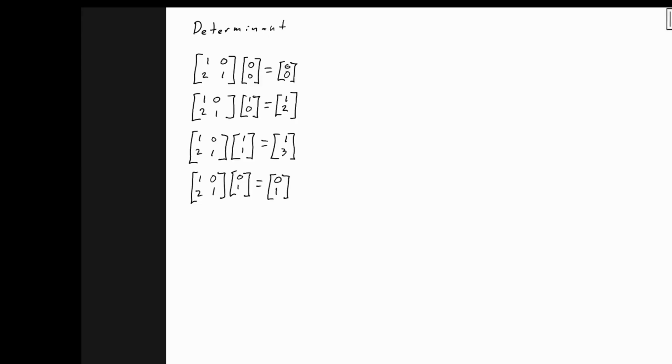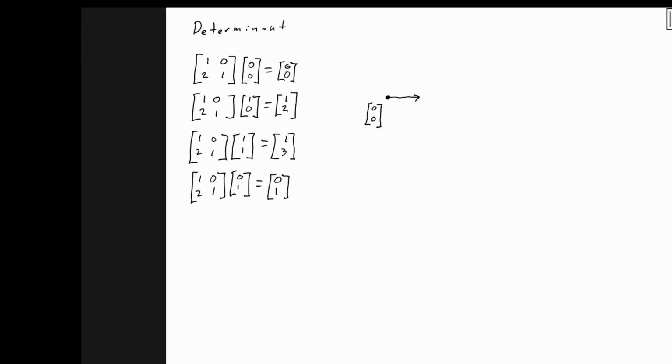Now, let's think about what these different vectors can represent. If I think about 0, 0 just as a point, I can use the first number as my x value and the second as my y.